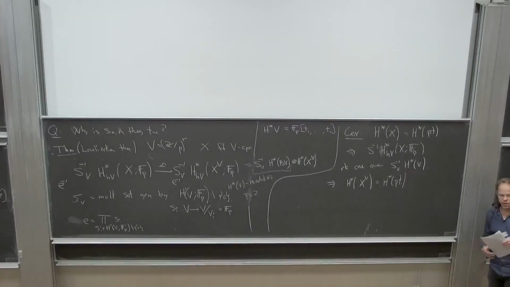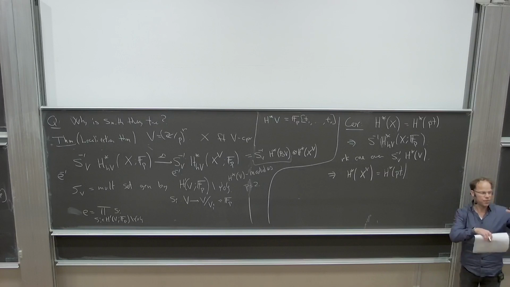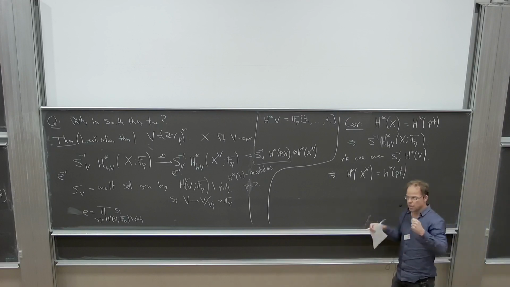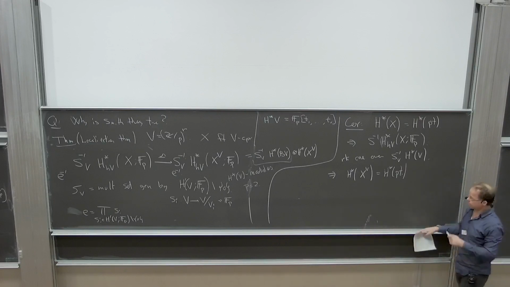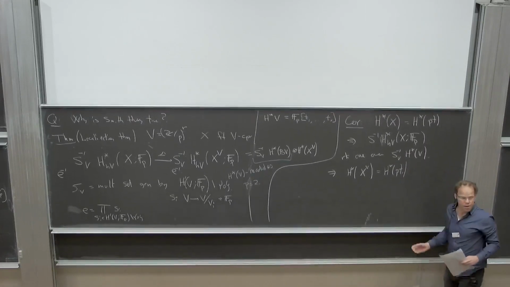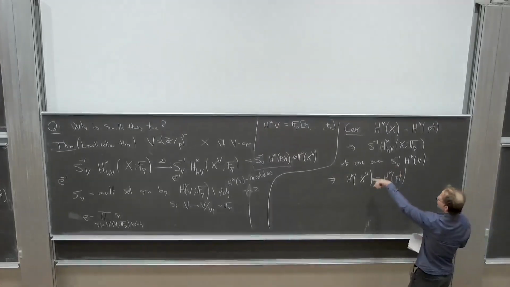Right. So this is via the localization theorem. This is the basic case of the Smith theorem, which says that if you start with something which is contractible, then the fixed points will also be contractible.